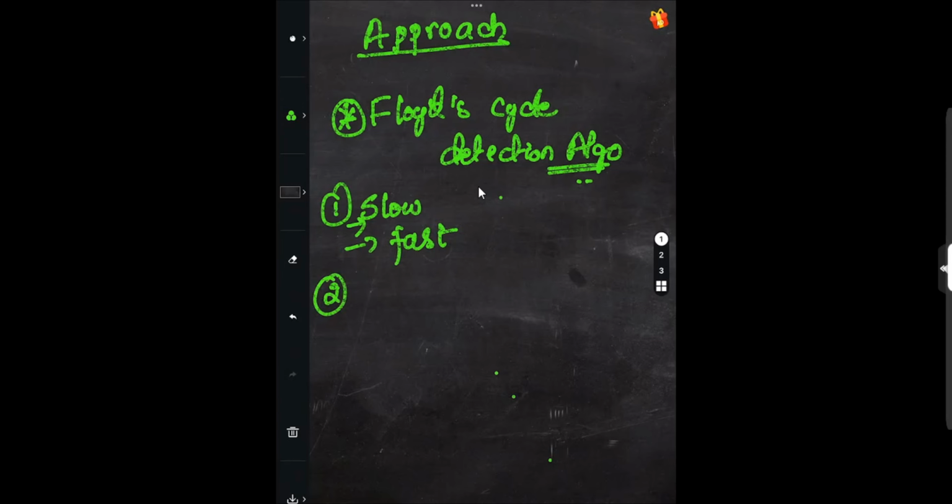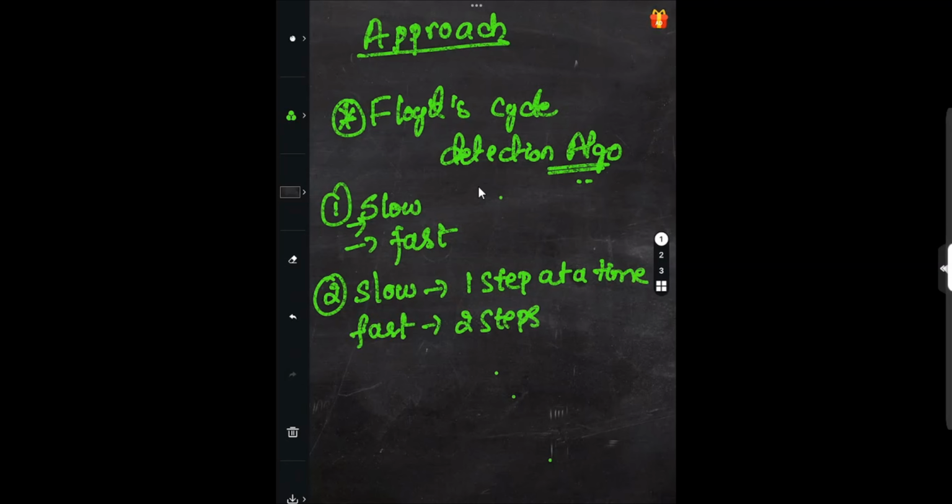Then we will be moving slow 1 step at a time and fast 2 steps at a time. So we are going with the slow and fast pointers. For slow, we move 1 step at a time, and the fast pointer will be moving 2 steps at a time.